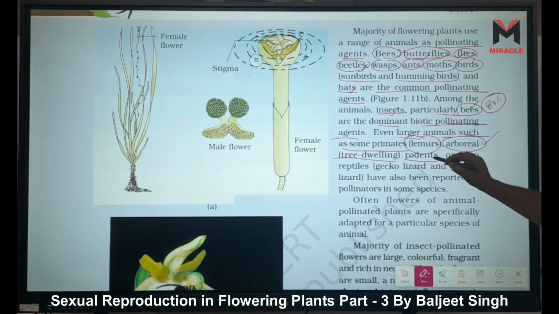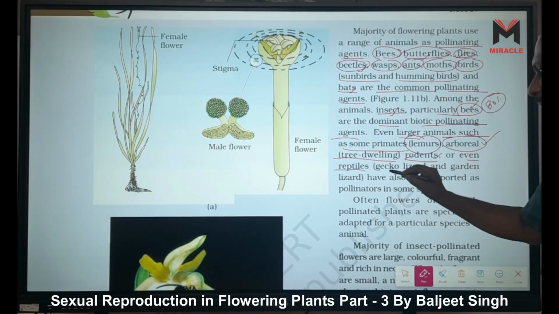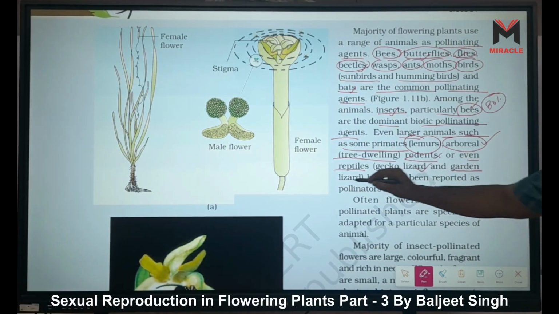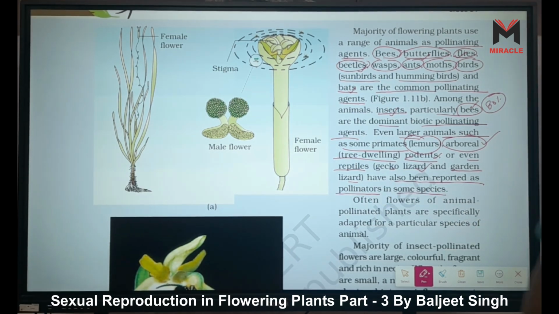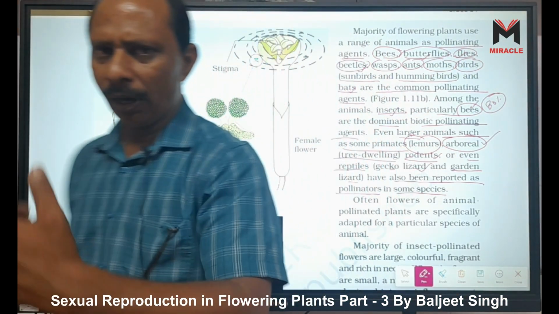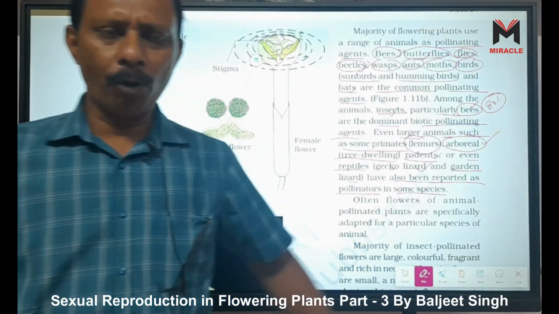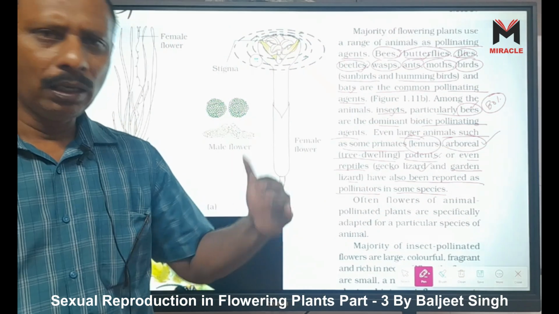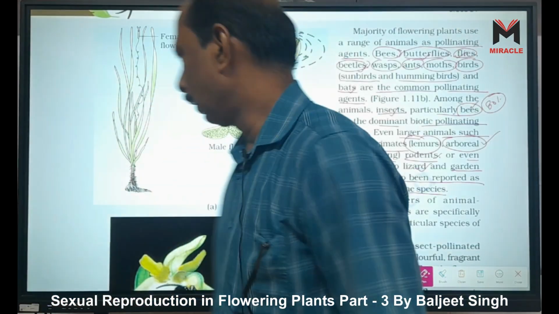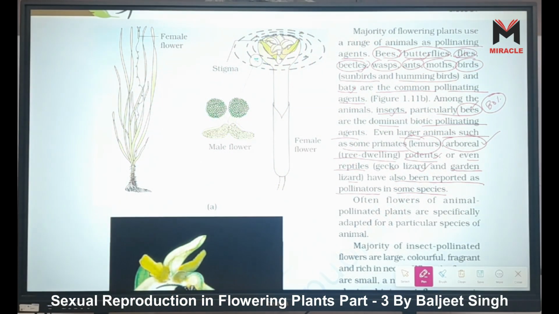Even reptiles, that is gecko, lizard or garden lizard, have also been reported as pollinators in some species, because when they move from one branch to another branch, they have some pollen grains on their body, and when they come in contact with another flower, it is pollinated, right? That means pollen grains reach the next stigma.